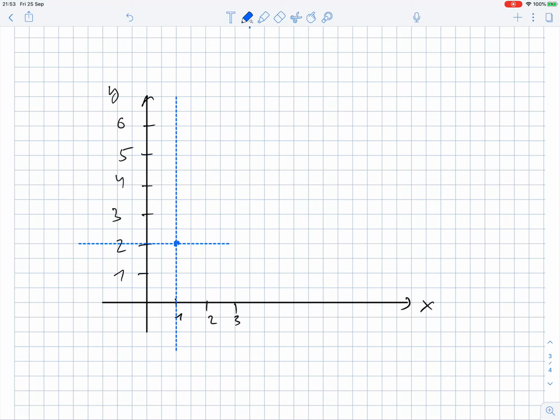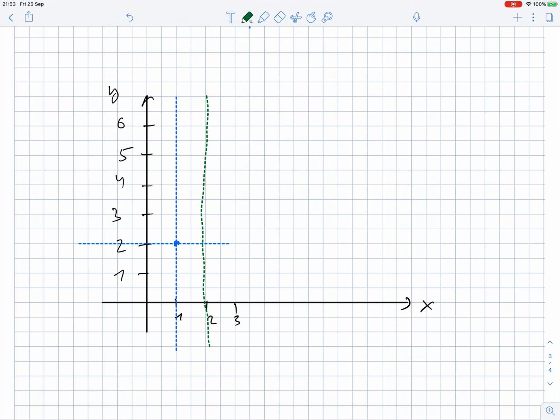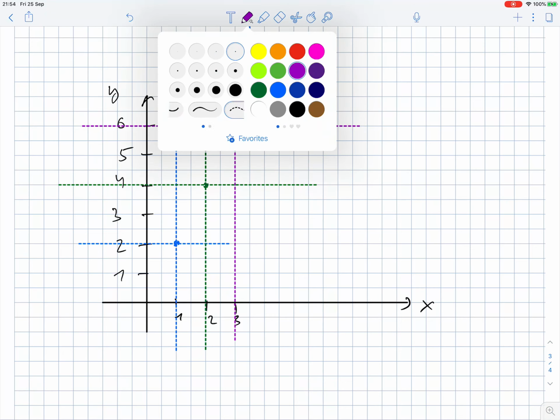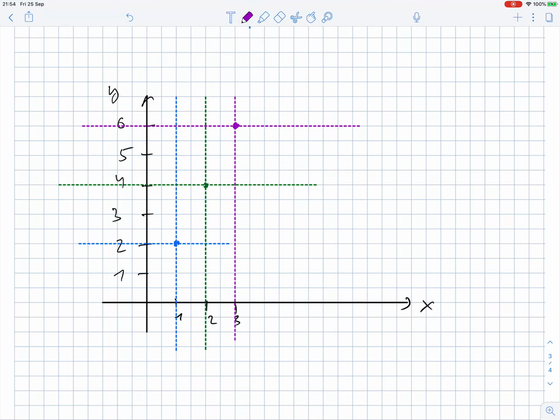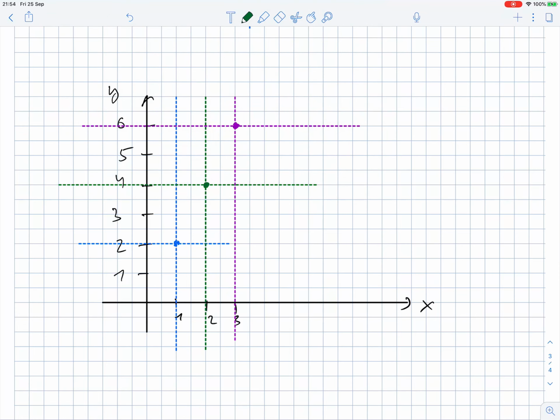Second point, x was 2 and y was 4. The third point was x equals 3 and y equals 6. Now you have 3 coordinates.